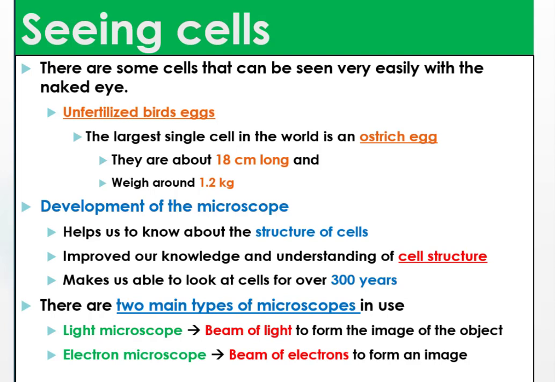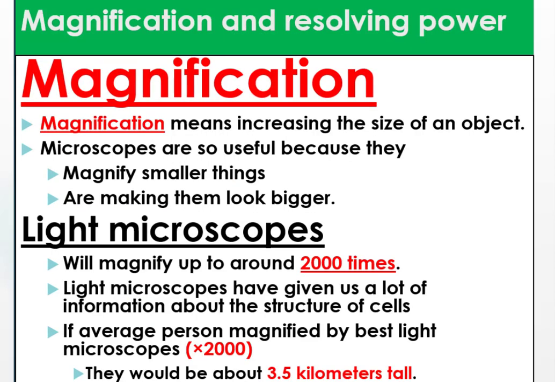A light microscope is a device that uses a beam of light to form the image of an object. In contrast, an electron microscope is a magnifying device that uses a beam of electrons to form the images of an object. When we look at magnification and resolution power of microscopes, first we need to define what magnification is.